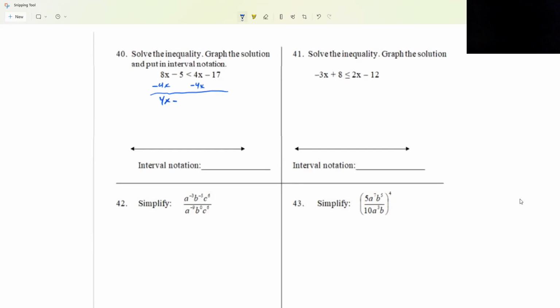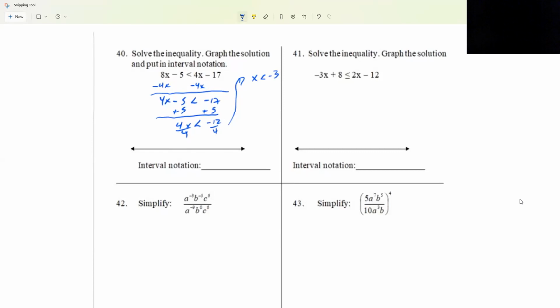Give me 4x minus 5 less than negative 17. Add 5. That's going to give me 4x less than negative 12, divided by 4, divided by 4. And you're going to end up with x is less than negative 3.